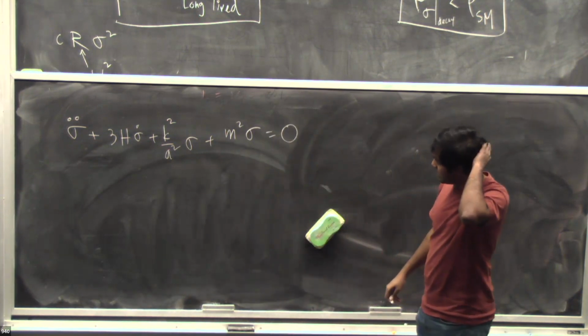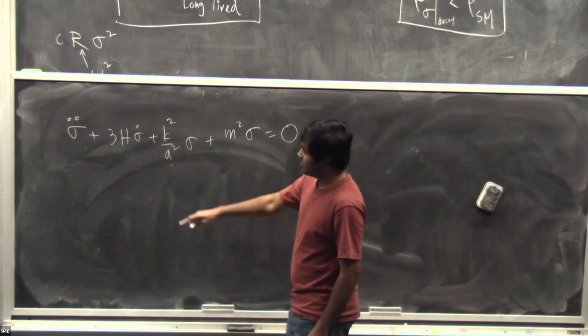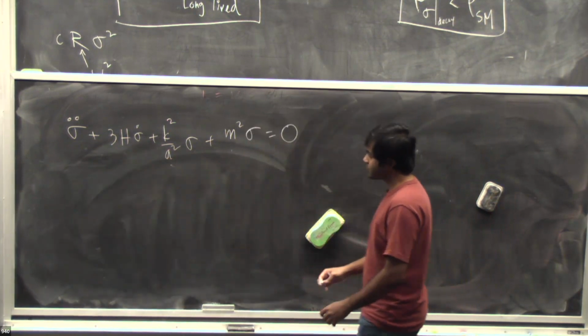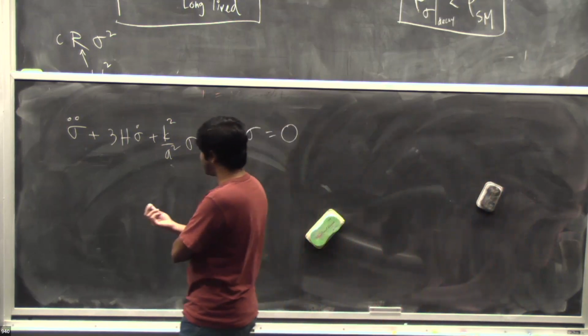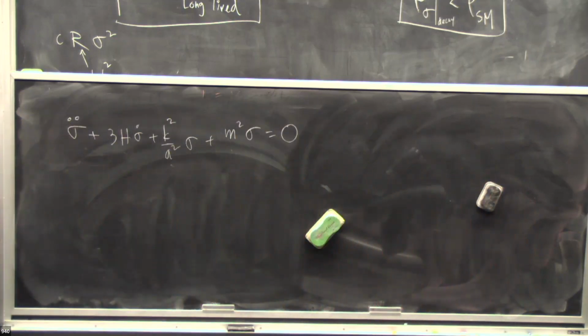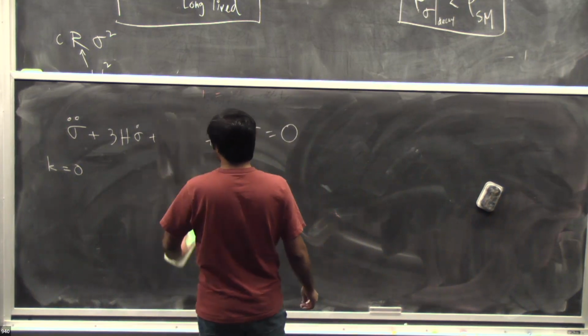This is just the standard Klein-Gordon equation. This is the gradient term, this is the mass term, this is the Hubble friction. Now let's first study the solution where the sigma field has a homogeneous mode, so it's not spatially varying, k is equal to 0. Then you can drop this term.